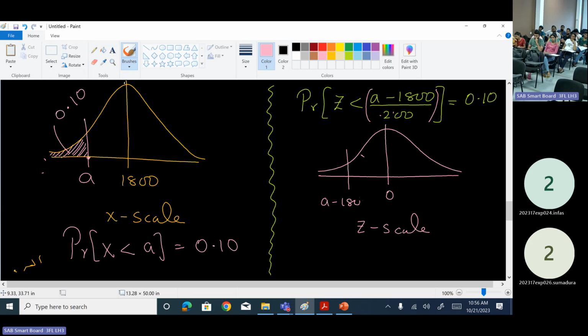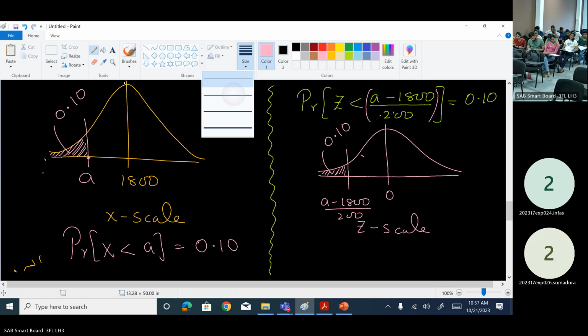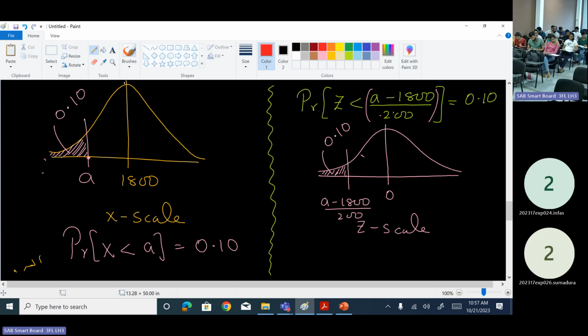A minus 1800 over 200, equal to... Is it less than this? That is, this area is 0.1. So now we know this tail area is 0.1, but in our table, this tail area is not given.